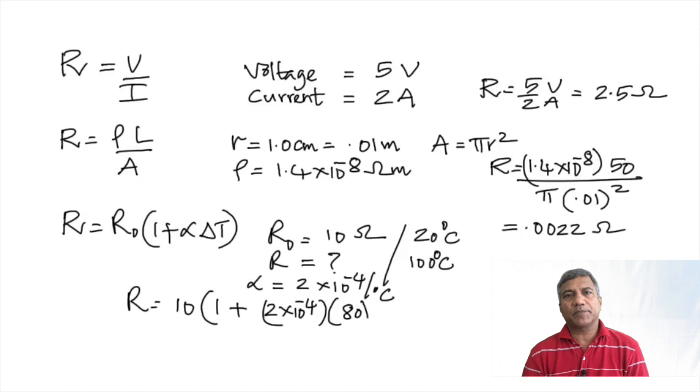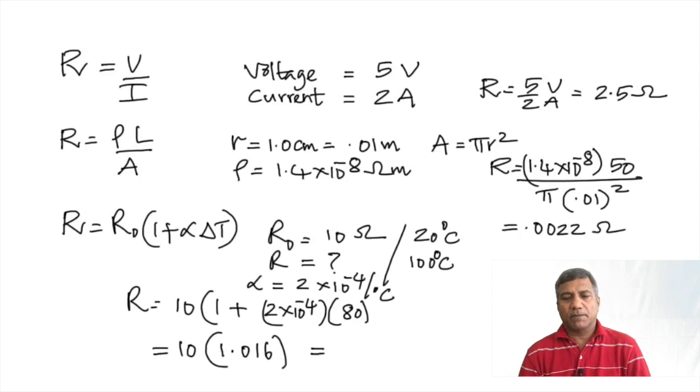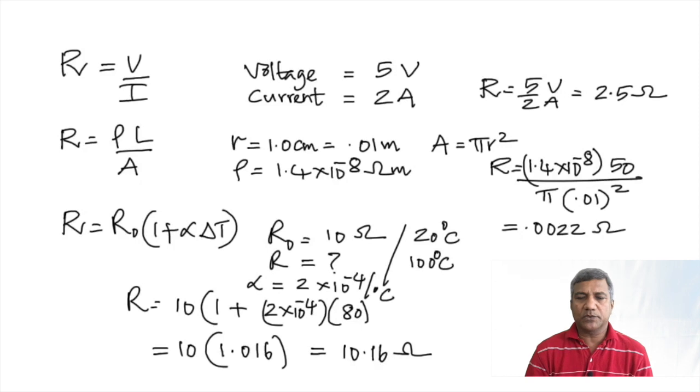The change in temperature here is 80 degrees Celsius, and so we get 10.16 ohms. So you see that it's only changed slightly because alpha is really small. At 20 degrees Celsius it was 10 ohms, but at 100 degrees Celsius it's only a little bit bigger, 10.16 ohms.